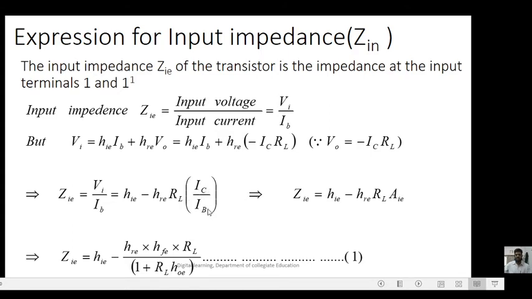IC by IB is the current gain AI of the amplifier. So ZIE is equal to HIE minus HRE HFE RL divided by 1 plus RL HOE. This is equation number 1.